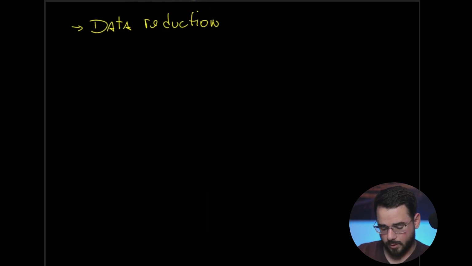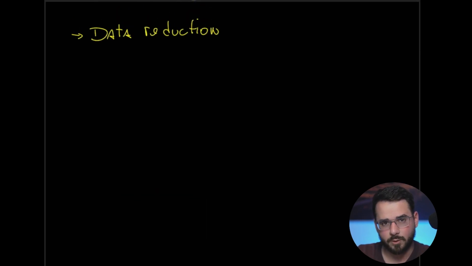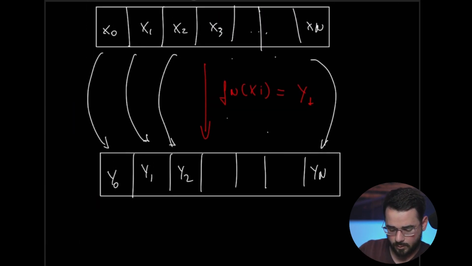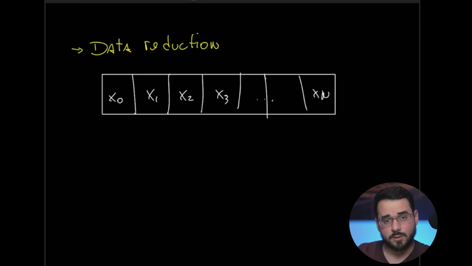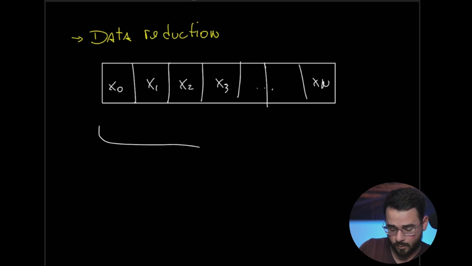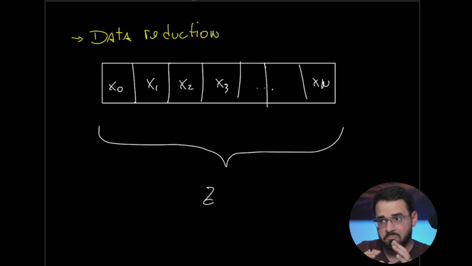And the other very nice one is called data reduction. And the name already suggests, let me just recopy that. Let's say I want to somehow reduce. What does this mean? In essence, it means that we're gonna do something over the entire range, and this is gonna produce, let's say, a single element.